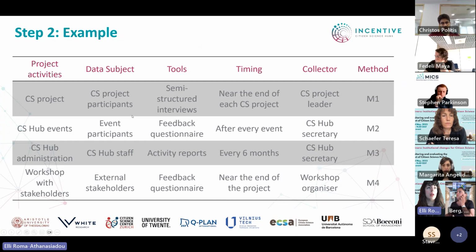The activity that would offer us the opportunity to collect data would be a citizen science project that is supported and works in collaboration with Citizen Science Hub. And of course, the data subjects would be the project participants, or also the project leader.